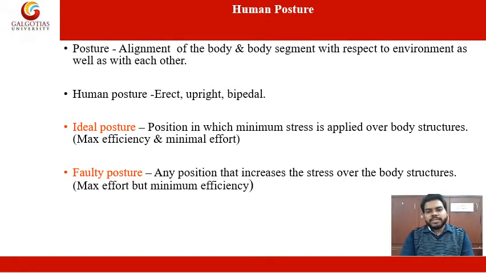The ideal posture is a position in which minimum stress is applied over the body structures, which produces maximum efficiency with minimal effort. Faulty posture is maximum effort with minimum efficiency. That is the basic difference between ideal posture and faulty posture.